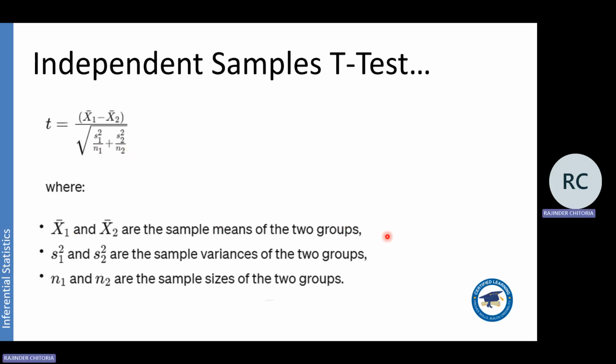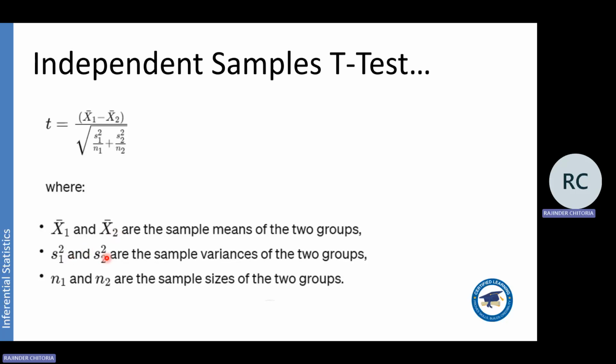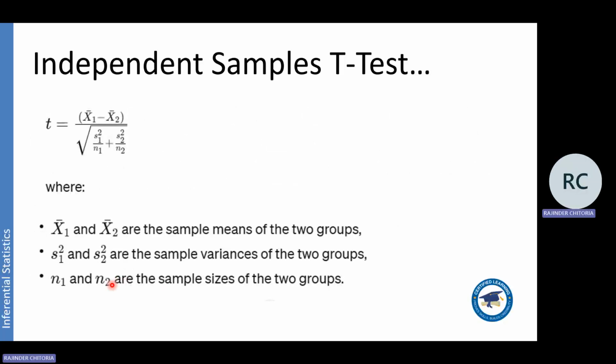So two means, two standard deviations, and the number of samples are available. Once we calculate this outcome, we test it against the t-test tables.